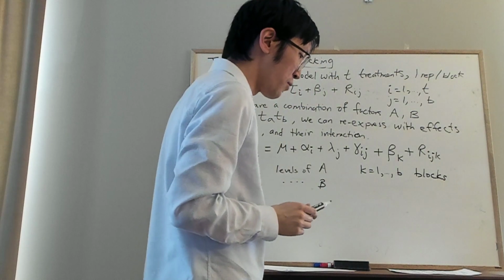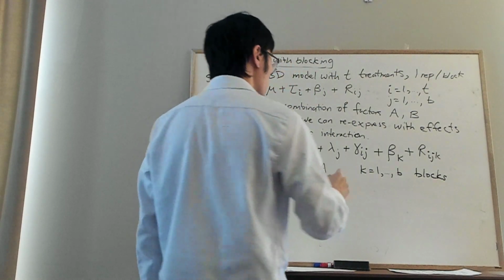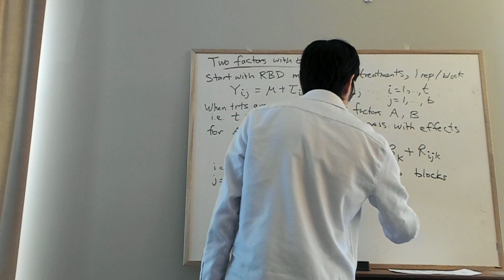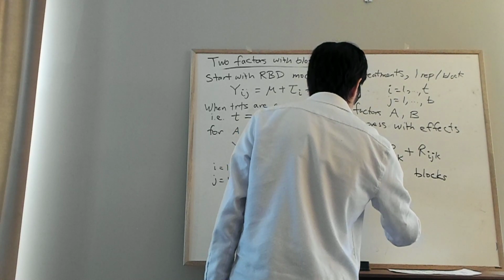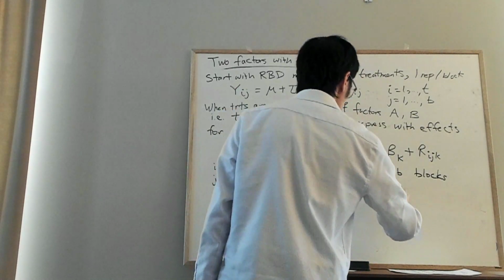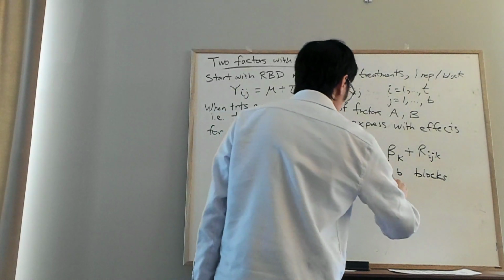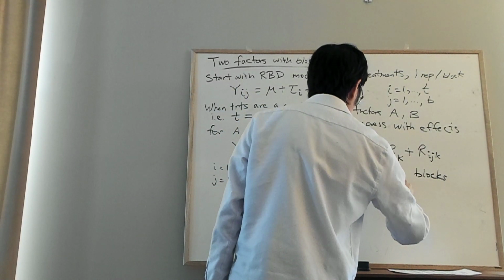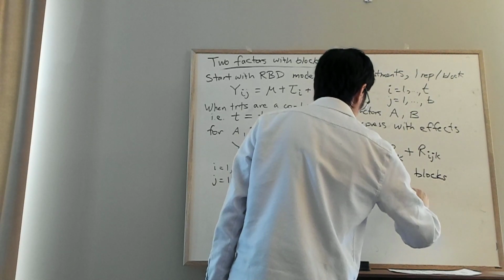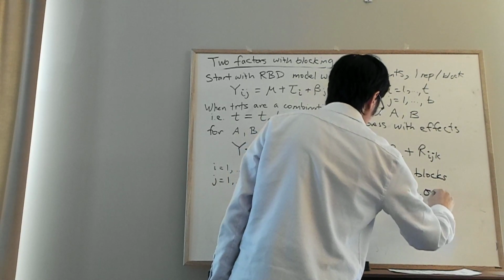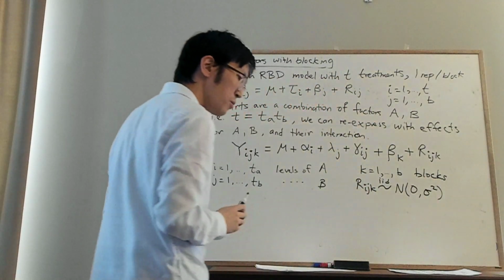And then finally we have epsilon sub ijk, which is the residual term, and that is assumed, as in all of our models, to be independent normal 0 and the same variance sigma squared.